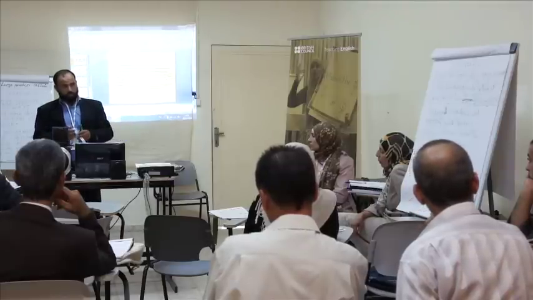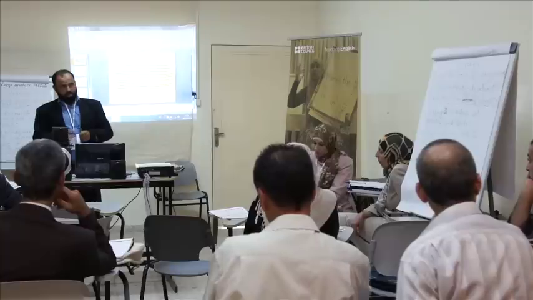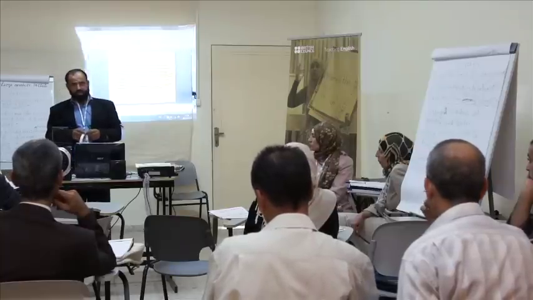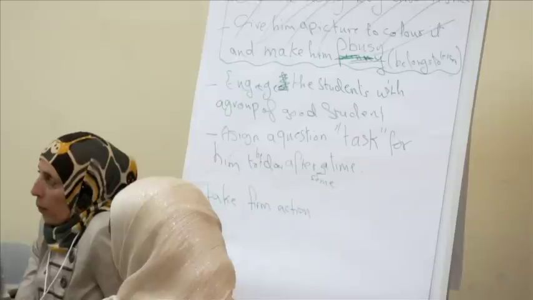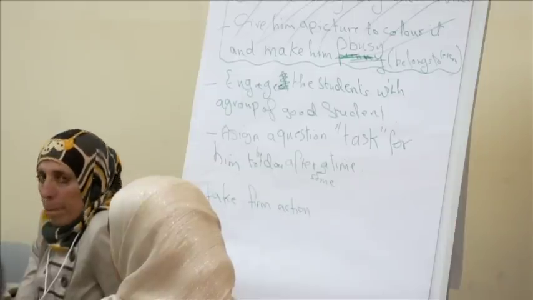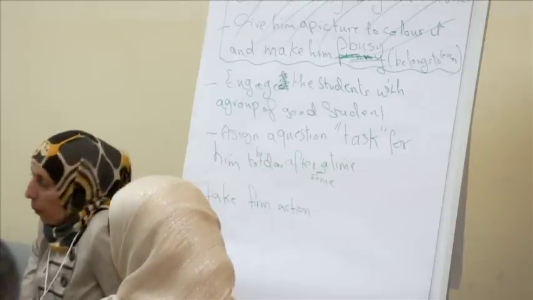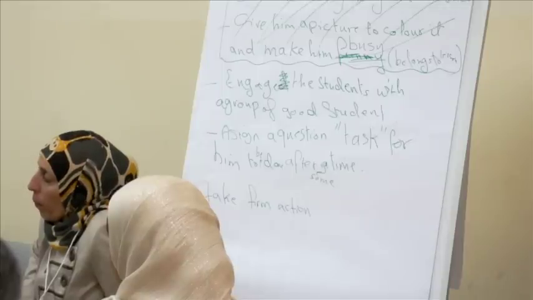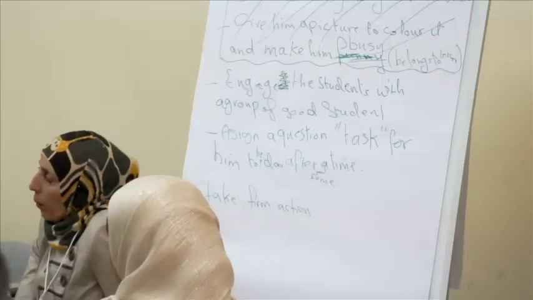Our solutions for the problem can be summarized in 3 points. The first one is engagement of the student. If you have a student or more in a class of 30 students, you can engage the students with good students. That is, place the student not in the corners at the back of the class, but in the front.